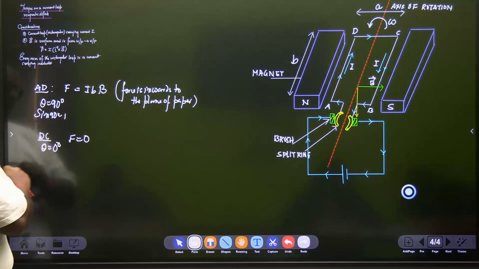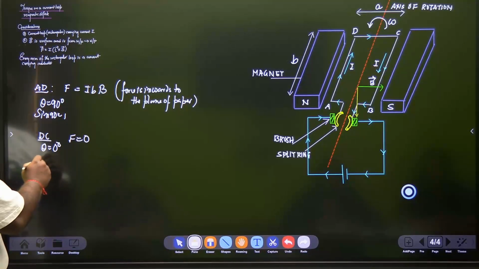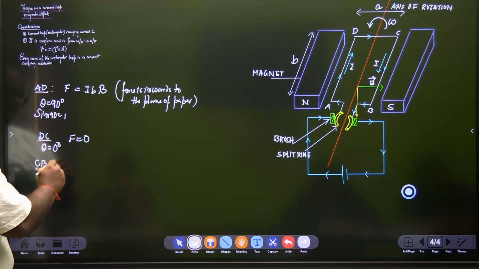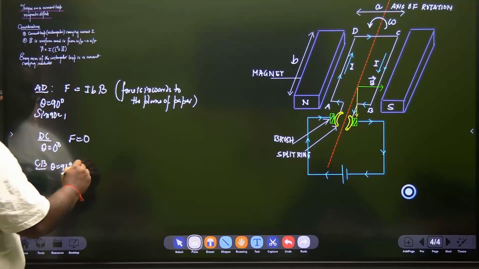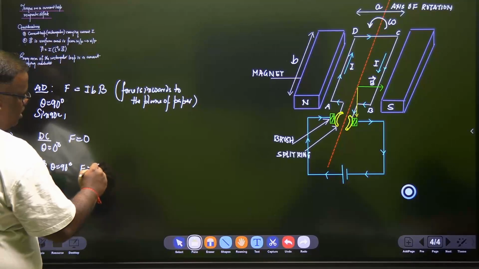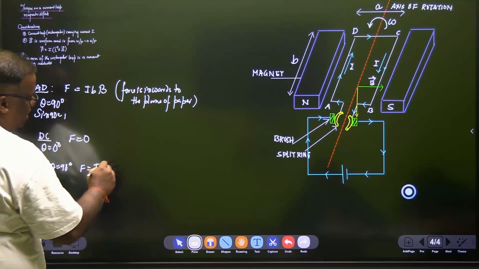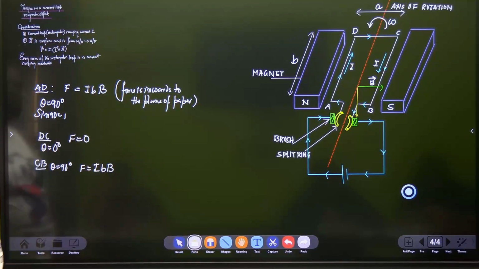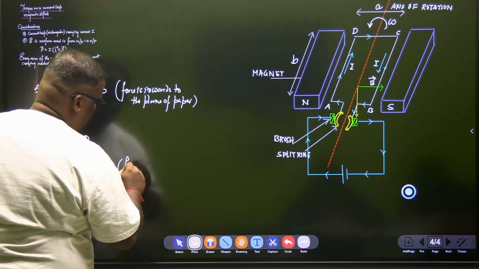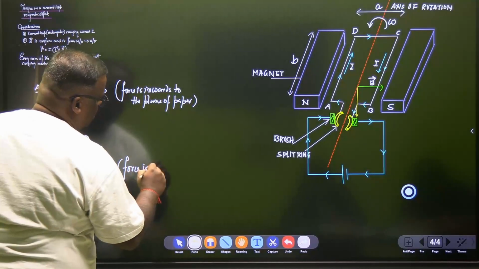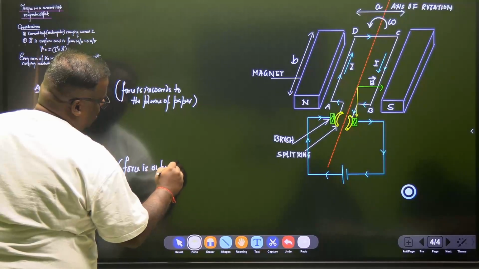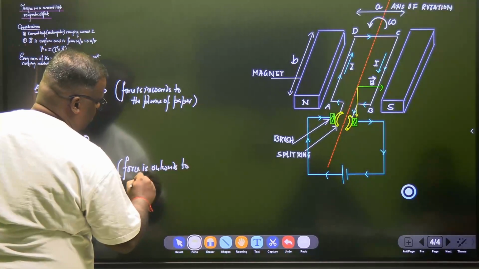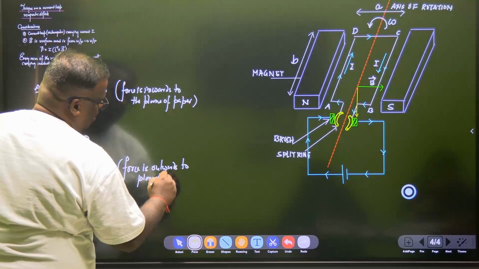So DC gone. After DC, what are we left with, beta? CB. At CB, theta is again equal to 90 degrees. My force again becomes I B b. But here I would say force is outwards to the plane of paper.